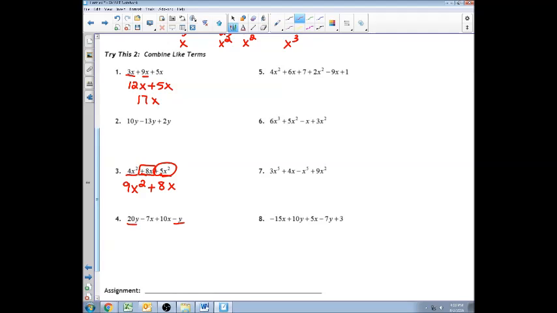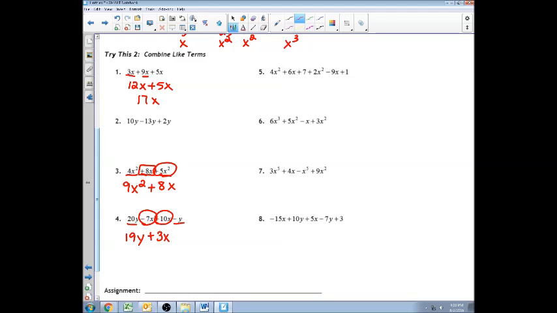So 20y minus y would get me 19y. The next thing I can combine, the negative 7x and the positive 10x. Well, negative 7x plus 10x would actually be positive 3x. You can also think of that as 10x minus 7x in that situation.